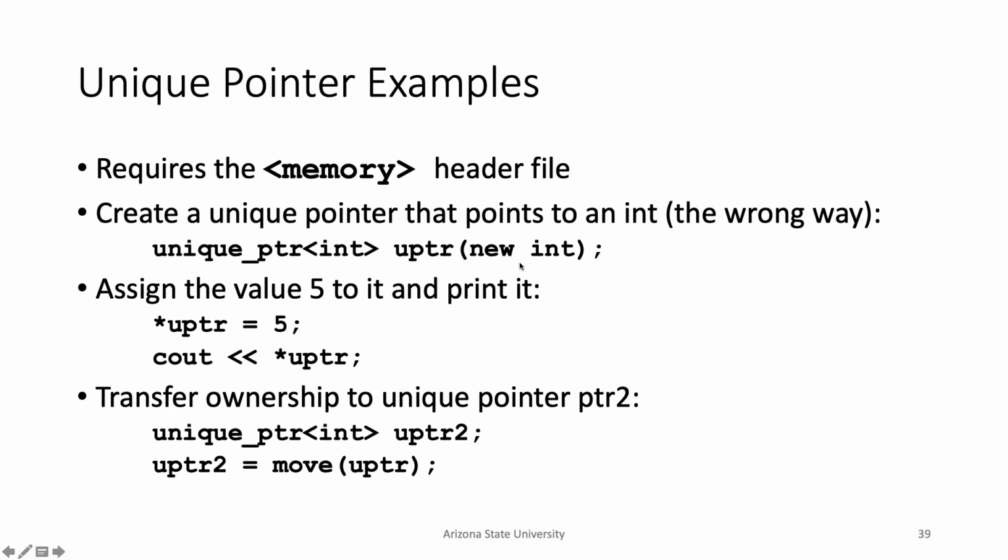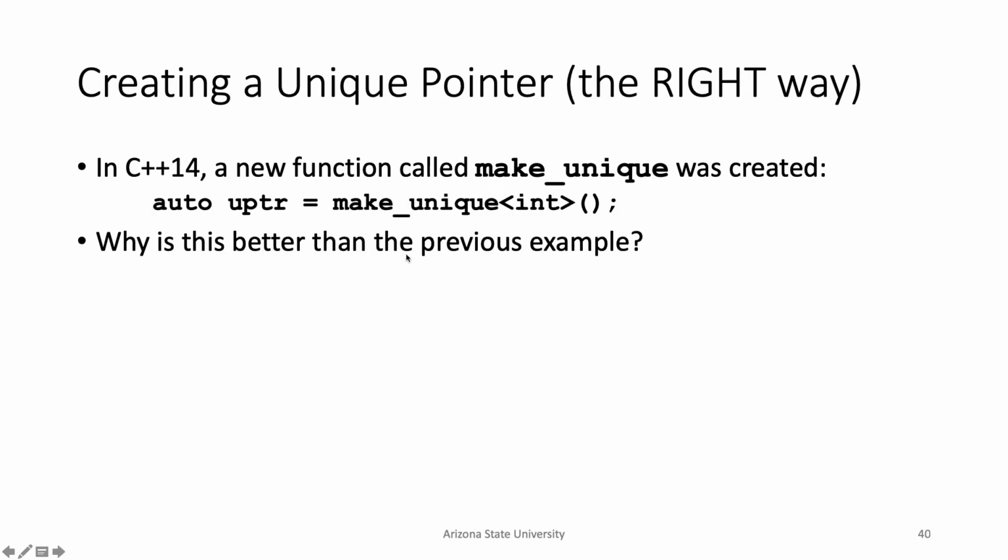So the better way of making a unique pointer is to call this special function in this more recent version of C++, called make_unique. So make_unique is going to internally call the new operator for you. So you don't have to do it yourself and then risk having some issues with that.